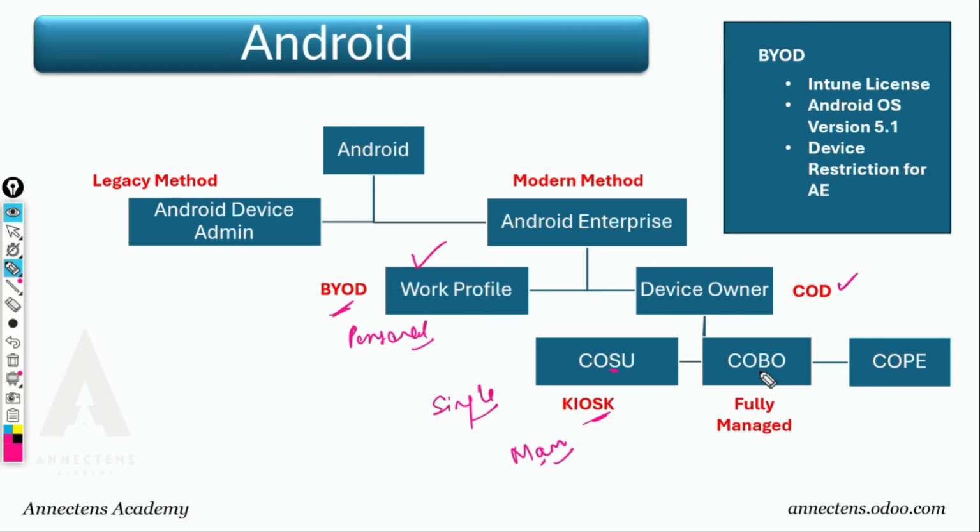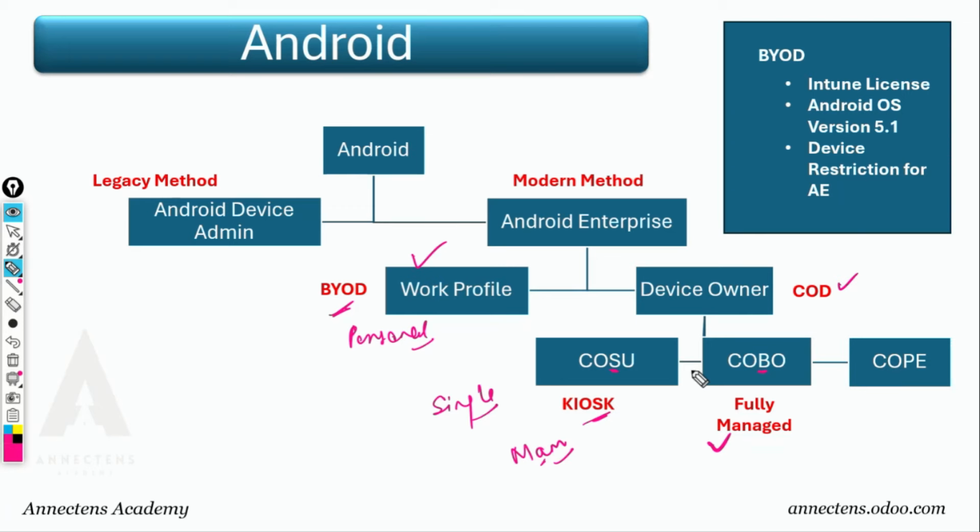Now COBO stands for corporate business only. Business only means this device will be fully managed, and this device will not have that personal container, it will be shrunk. So fully managed means this device is only meant for business purposes. You cannot have any personal stuff on this device.